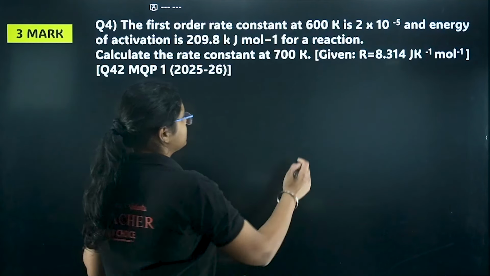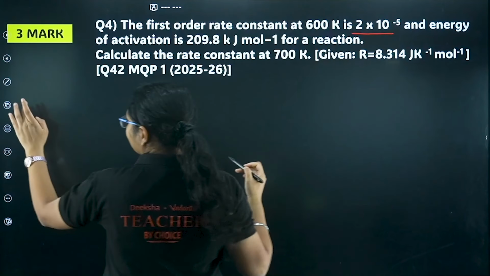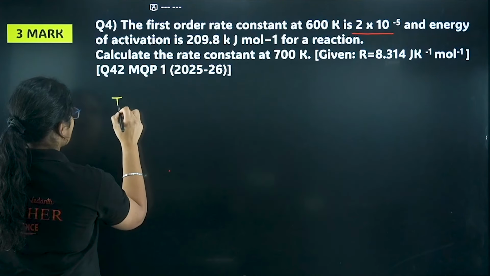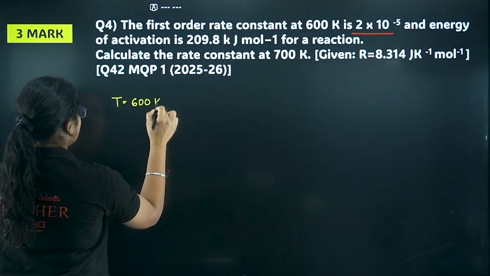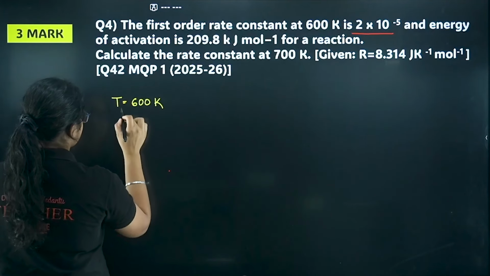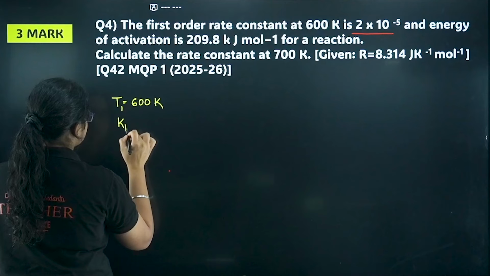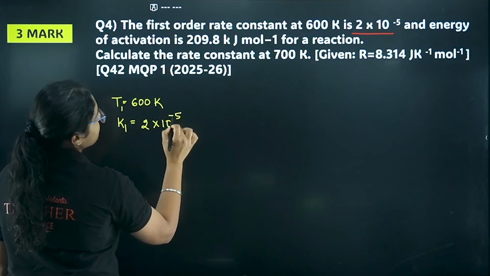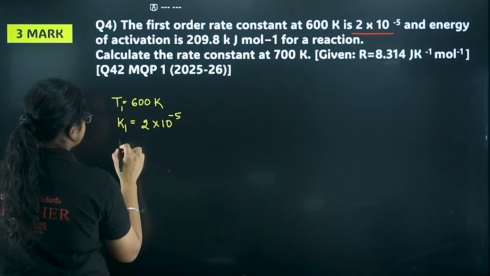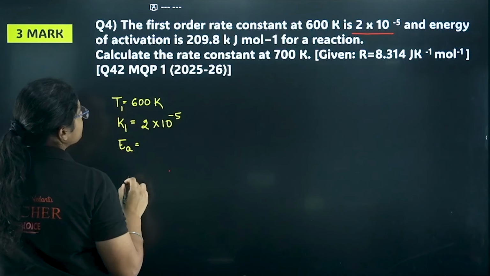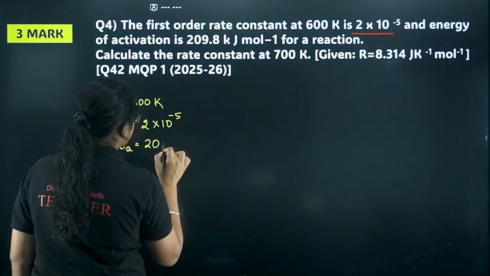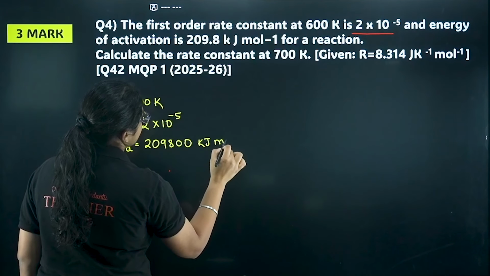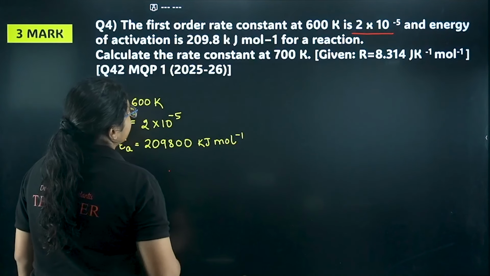The first order rate constant at 600 Kelvin is 2 into 10 to the power of minus 5. So let us see, temperature is 600 Kelvin, and the rate constant is equal to 2 into 10 to the power of minus 5, and the energy of activation is equal to 209.8 kilojoule per mole for a reaction.